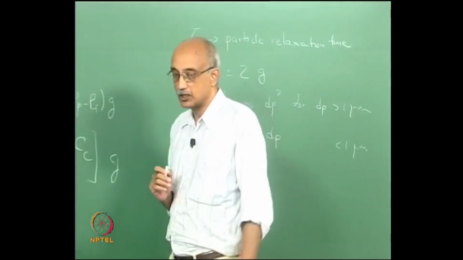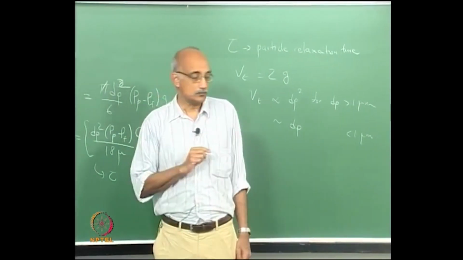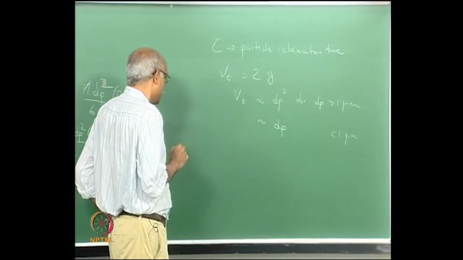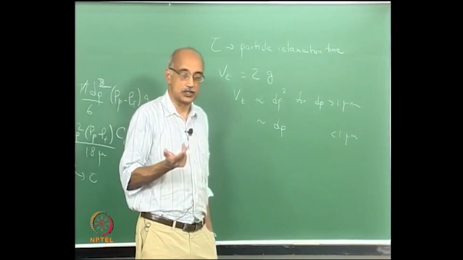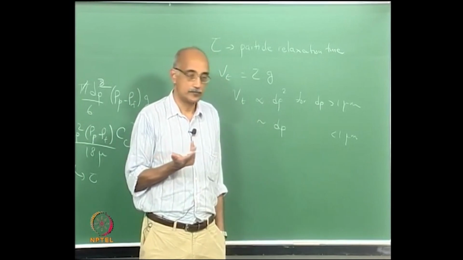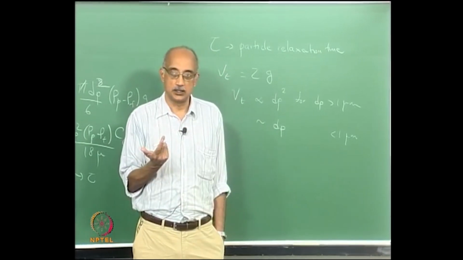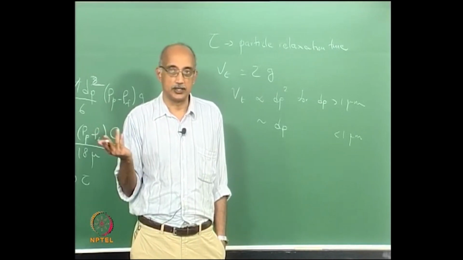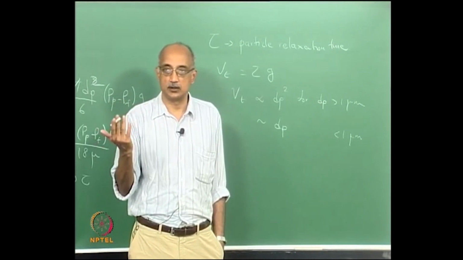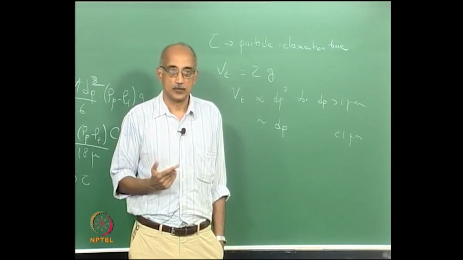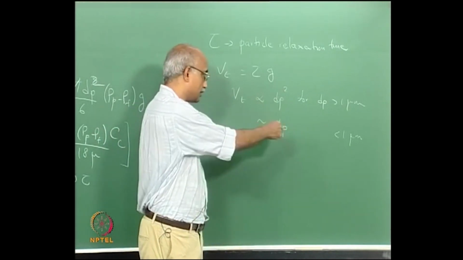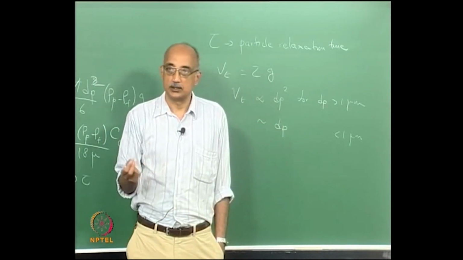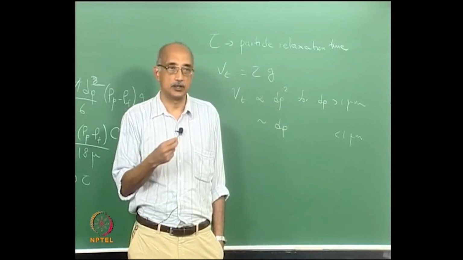Now, that is an important consideration, and in fact, for nanoparticles, as you start approaching the nano regime, the settling velocity dependence on particle size is, what do you think? I mean, is it going to be linear, quadratic, or less than linear? Actually, if you just extrapolate this, as particles become finer and finer, the dependence on particle size will keep decreasing.